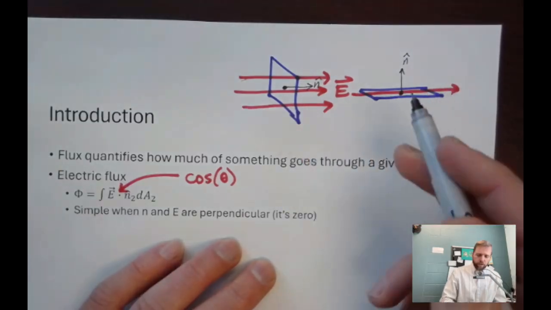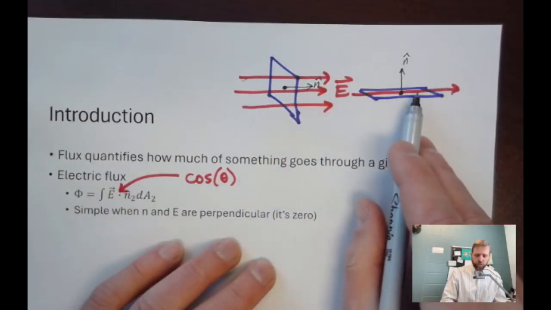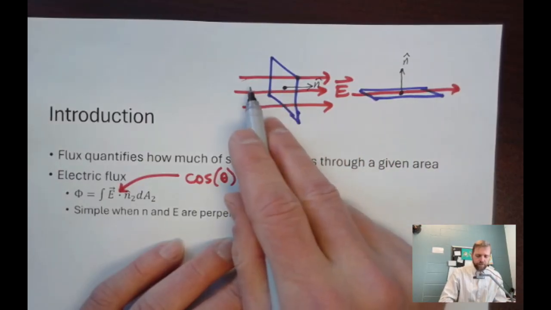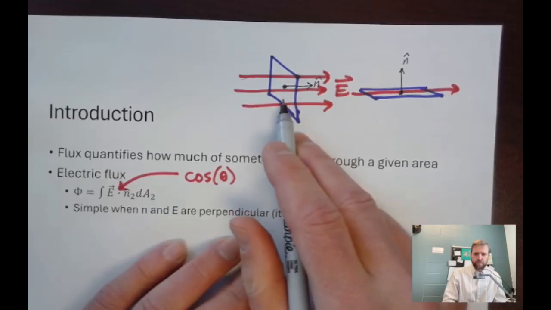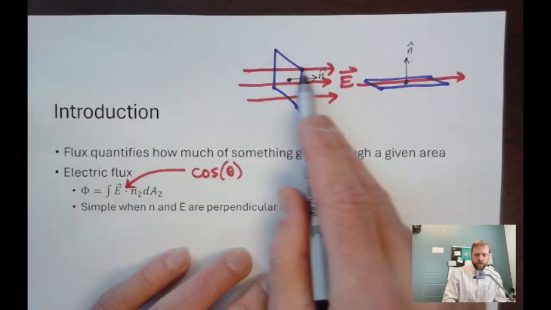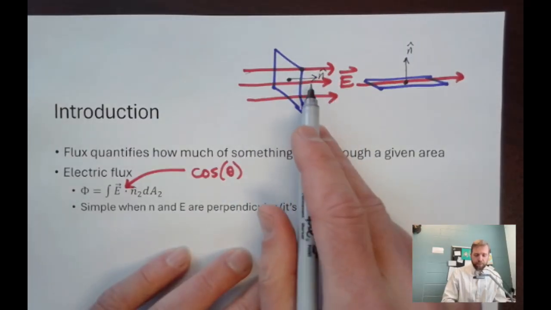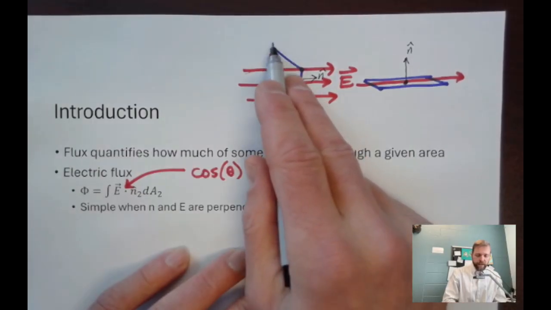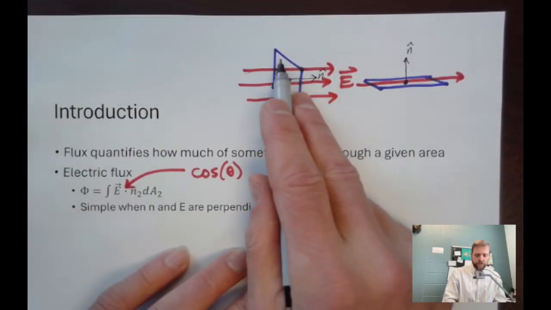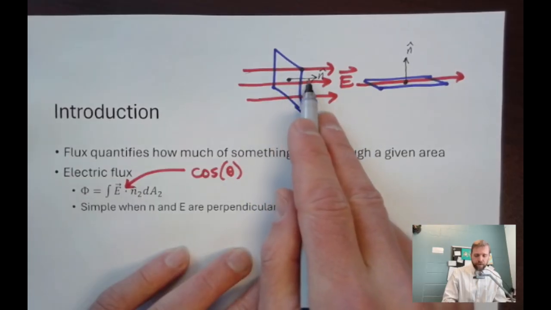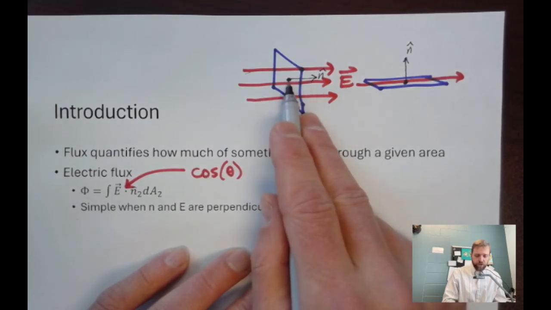But the important thing is, if we understand the conceptual nature of this, then it becomes a little bit easier to see how the math works. So this is going to be a maximum when the plane of the area is perpendicular to the electric field, or the electric field and the area vectors are aligned.